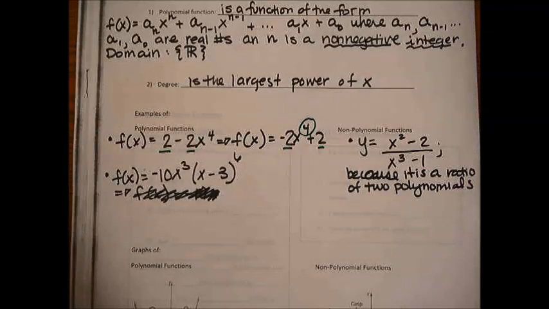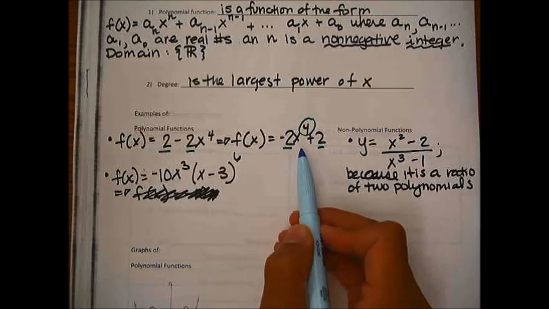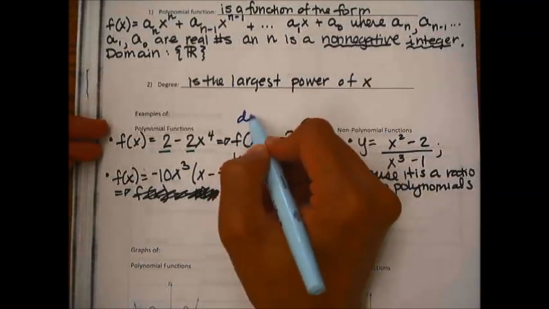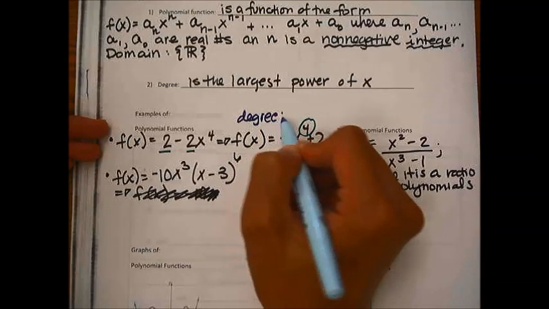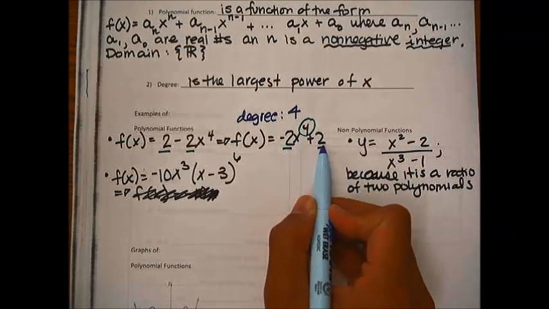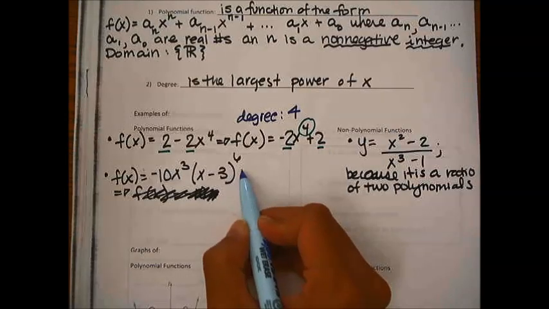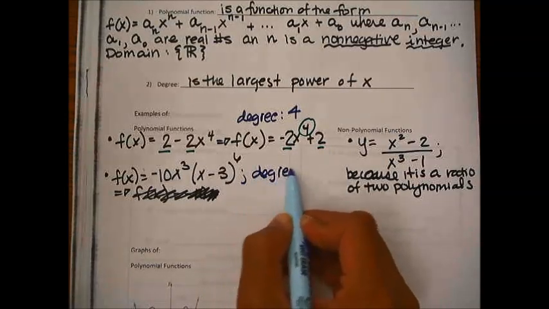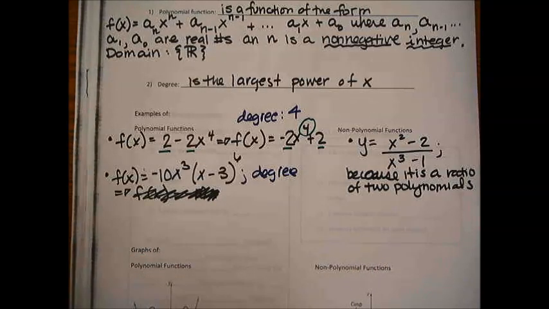Let's look at the degree as well. Notice how when I write it in order, this has a degree of 4 because that is the largest power of x that I have. This one doesn't have any power. This one should have a degree of, are you ready?